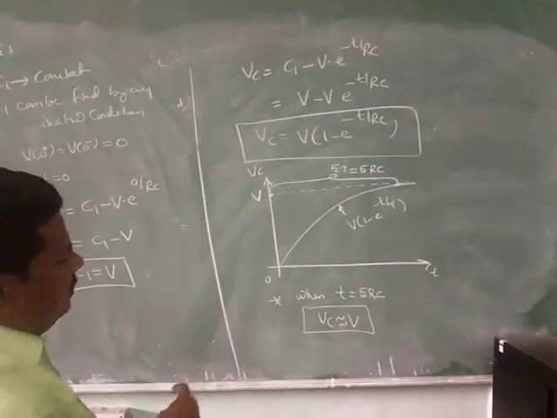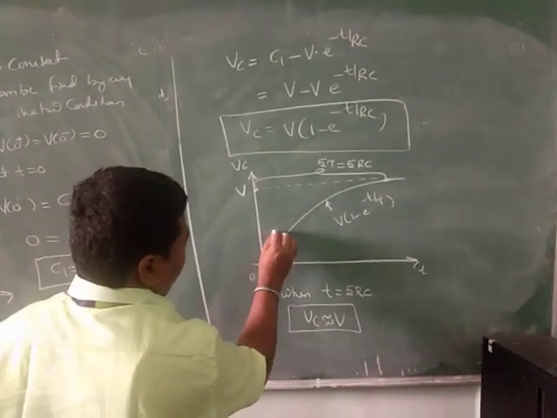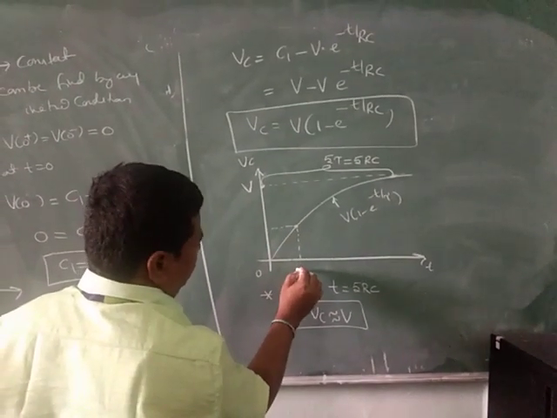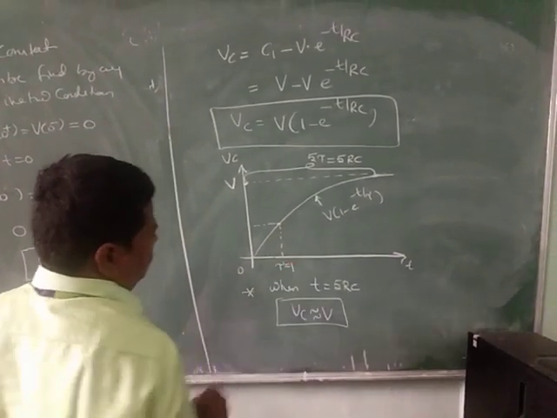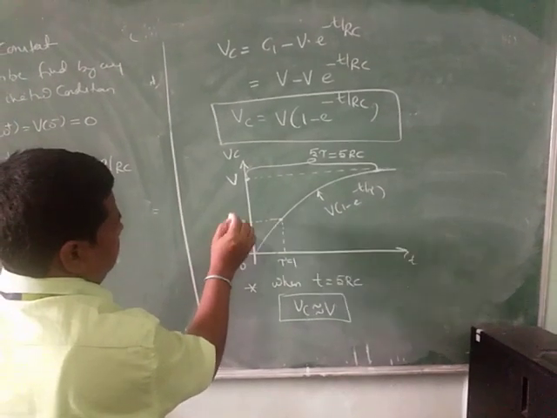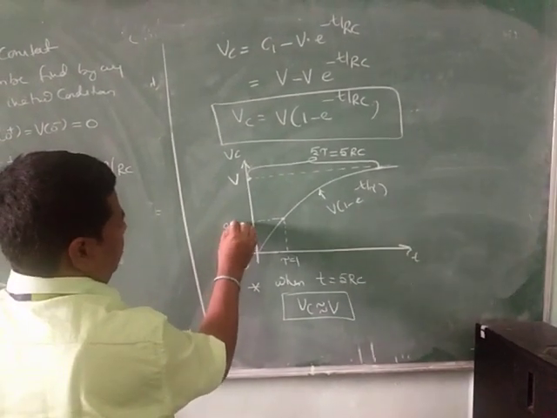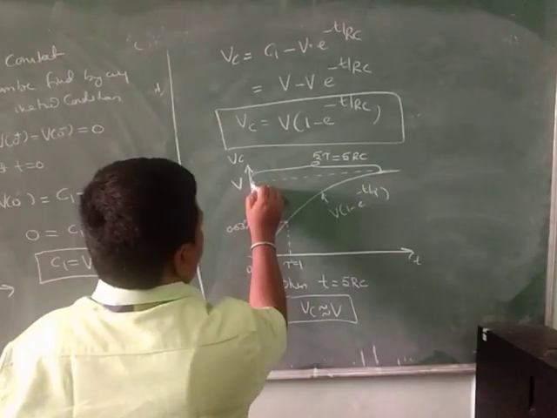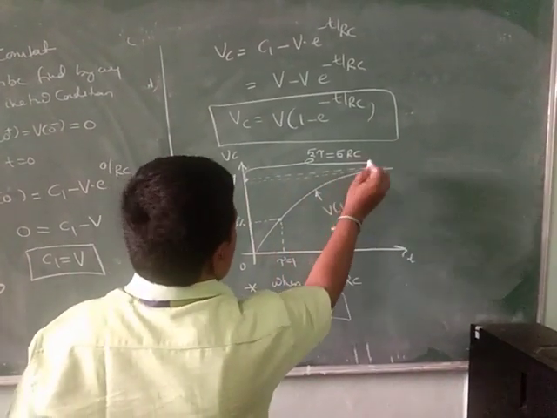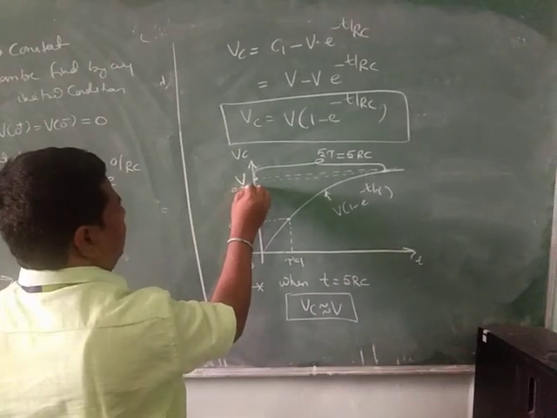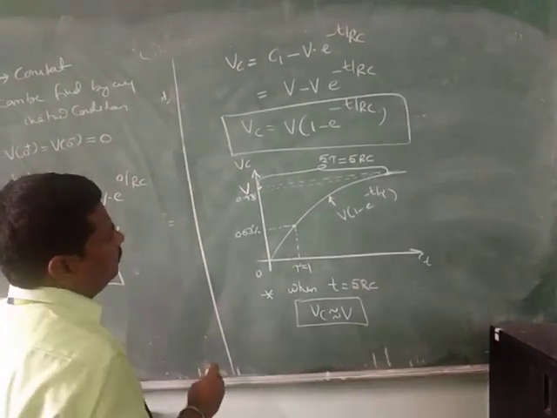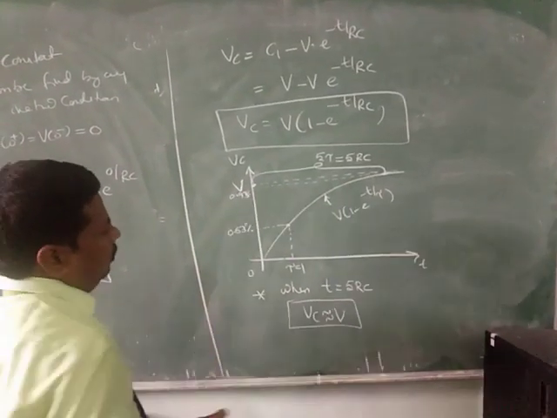So this is the response. When t is equal to tau, it reaches something like 63%. When it reaches 5 tau, it is around 99%.